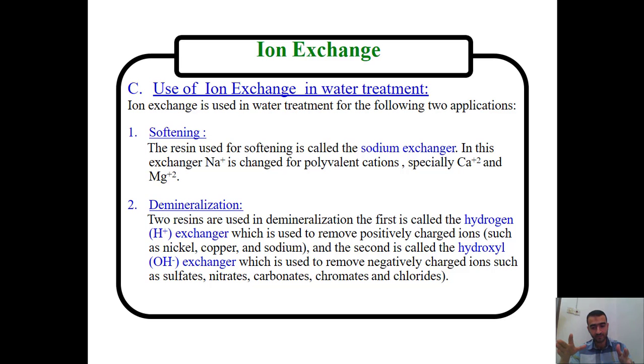Those negatively charged ions cause pollution to the water, especially nitrates and chlorides, and also some other metals. So this is the target, to remove, demineralize, and purify the water for other uses.